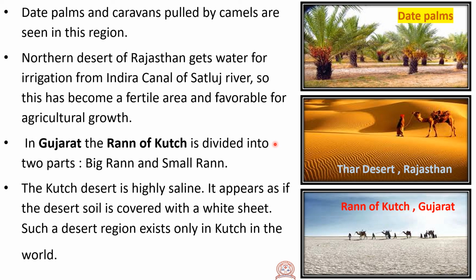In Gujarat, the Rann of Kutch is divided into two parts, Big Rann and Small Rann. The Kutch Desert is saline. It appears as if the desert soil is covered with a white sheet. Such a desert region exists only in Kutch in the world.